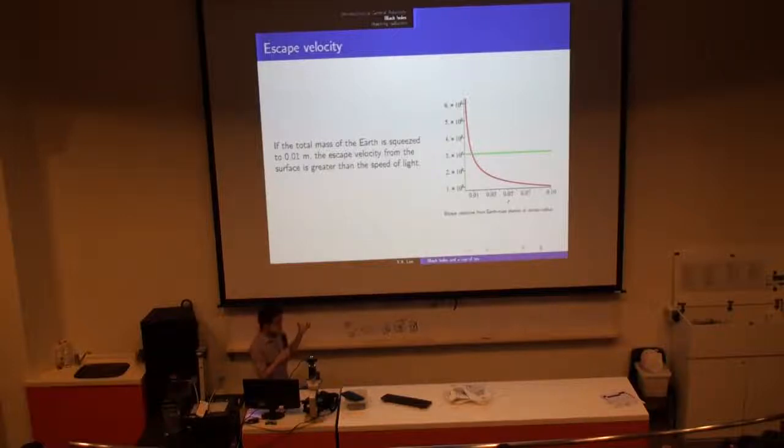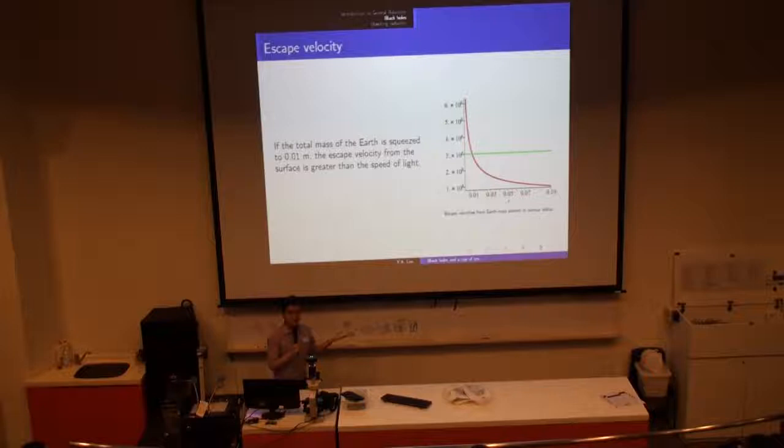Okay, so if you can squeeze Earth into such a small size, then you need to launch yourself at the speed of light to escape. That means even smaller than that, you need to travel faster than light to escape from the surface of that planet. Okay. So you see the problem with that now, right?